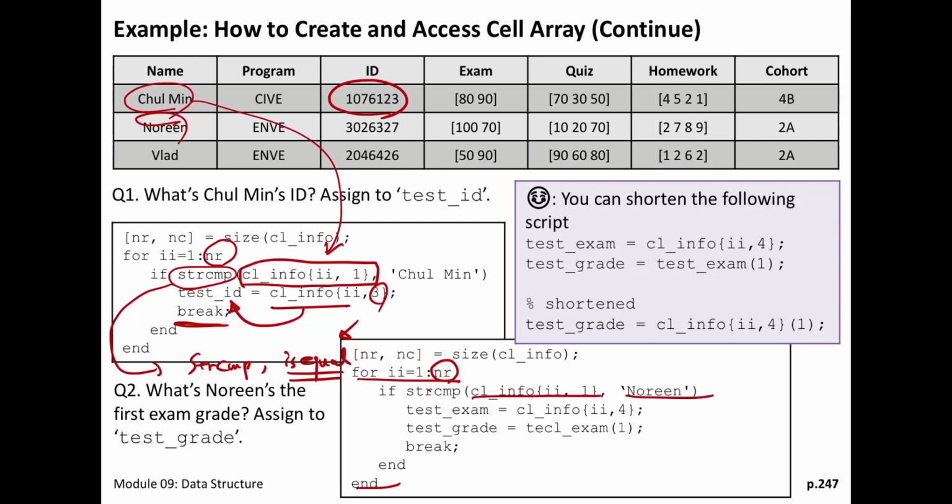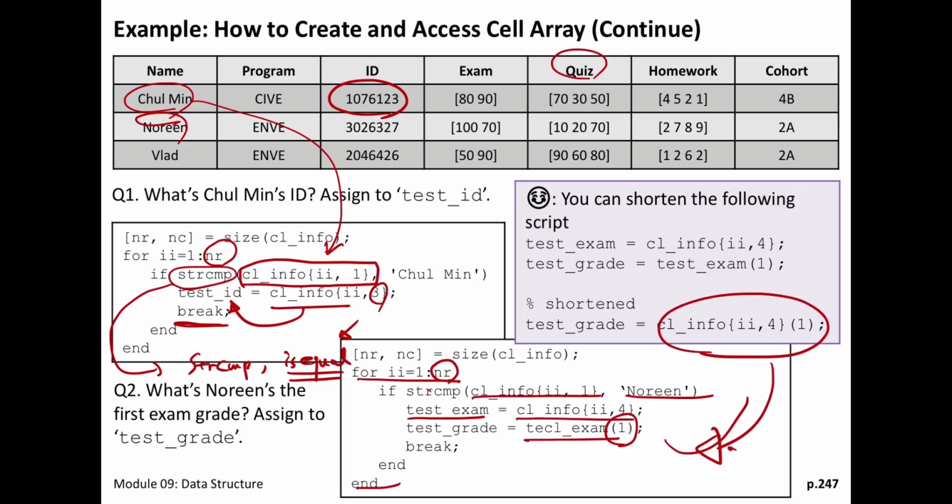For Noreen, you need to assign the class info, the first column. The first column is the quiz grade, right? Assign it to the test exam, and then read the first value. Or in this case, you can use this syntax. Okay, and then break. Okay, so why do we need the break here?